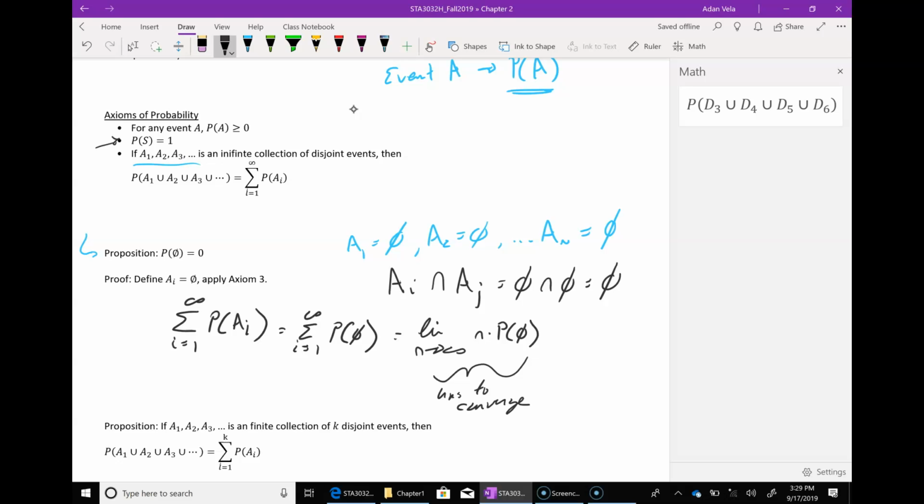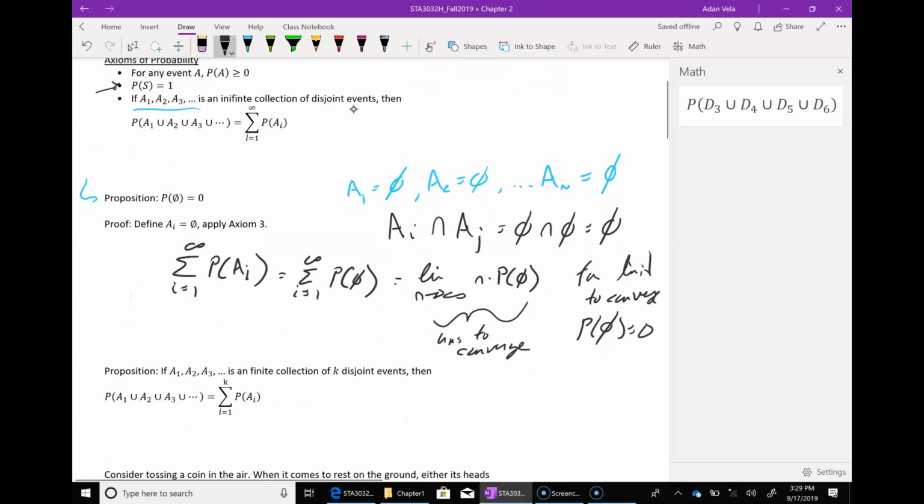And the only value for this probability of phi that converges for any value of n is 0. So for the limit to converge, the probability of the null set is 0. That's kind of a neat little property.